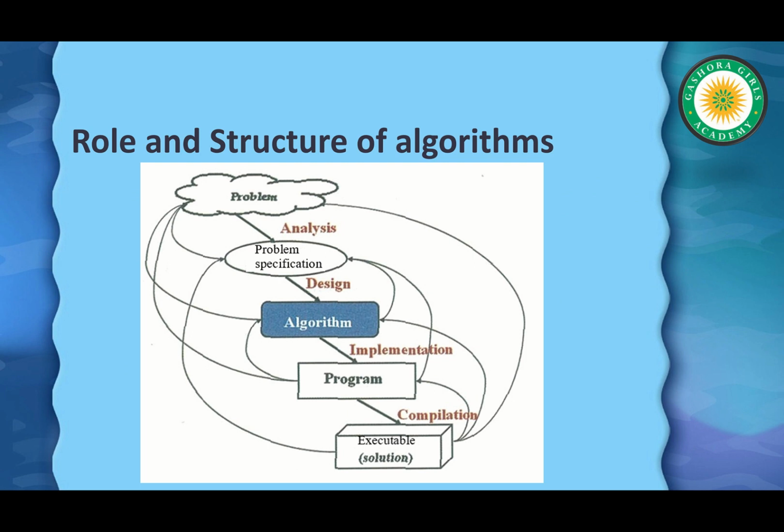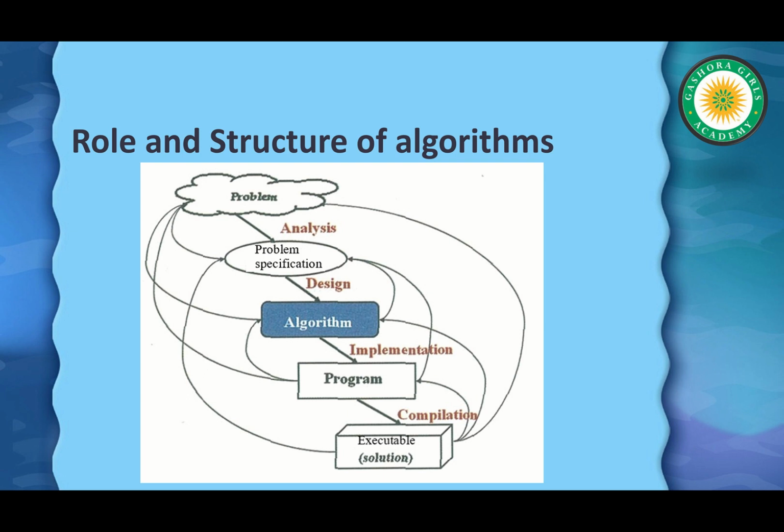Here is the graphical explanation of the structure of the algorithm. There is a problem, and you analyze the problem against the problem specification. After that, you design an algorithm.